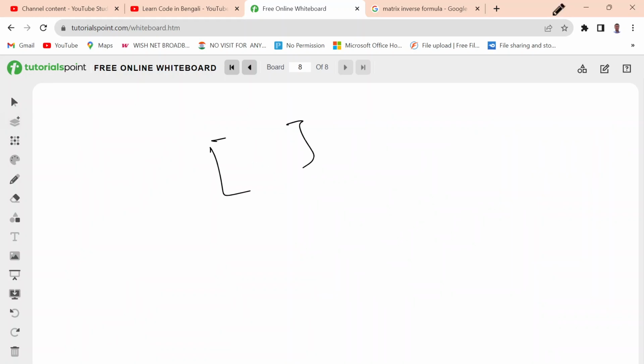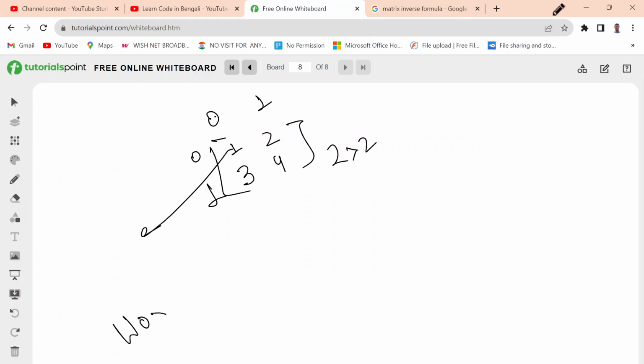So I am taking a 2 cross 2 matrix. Suppose this is 1, this is 2, this is 3, this is 4. So how to write the axis 0, 1? 1 is represented as omega 0 into 0. 2 is represented as omega 0 into 1. 3 is represented as omega 1 into 0. 4 is represented as omega 1 into 1.